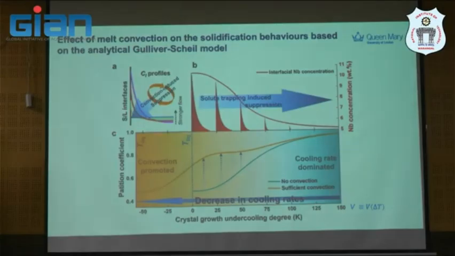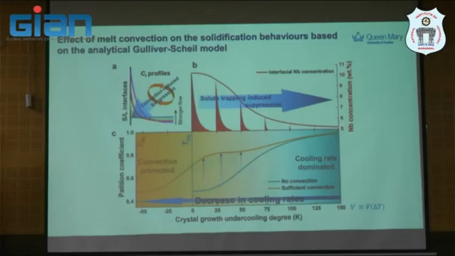And once you have the convection flow, it will actually increase this zone. So convection will suppress this, but so strong flow will go up here. And this solute trapping induced suppression will impact the niobium concentration.